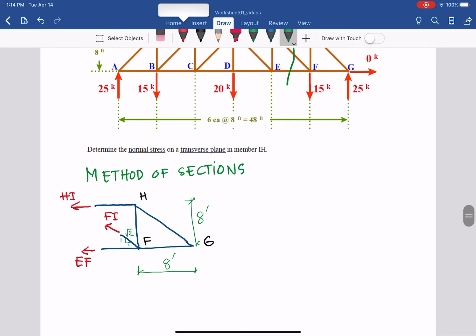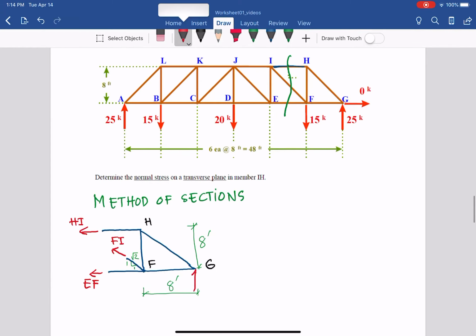Then use the loads: 25 kips at G, and at F we have 15 kips going down, and of course we have 0 in the G_x direction, so we don't have to consider that.